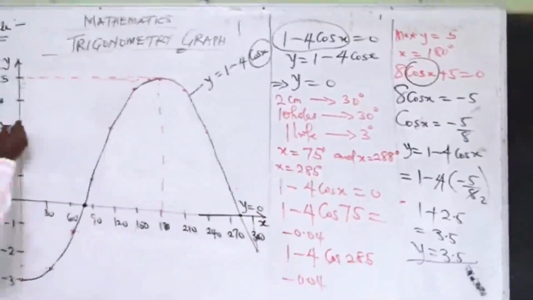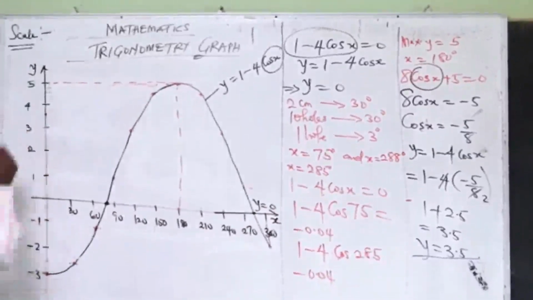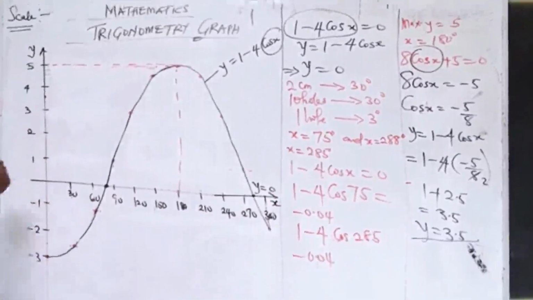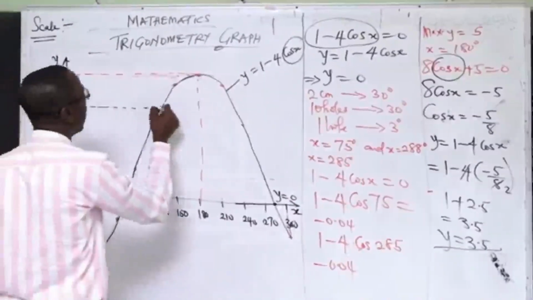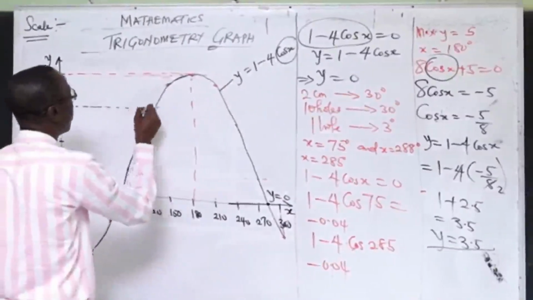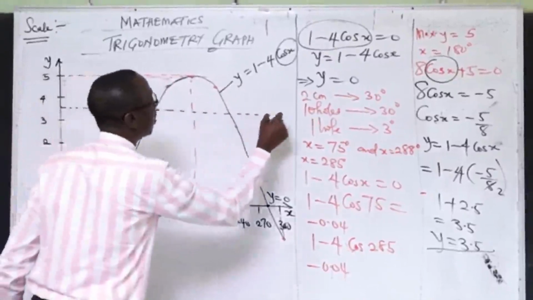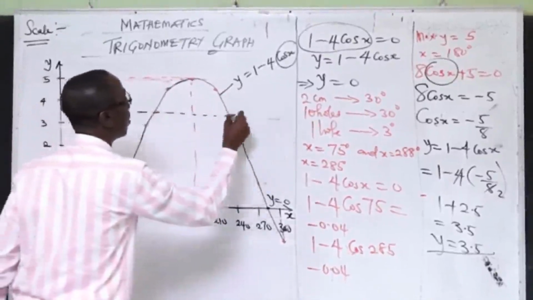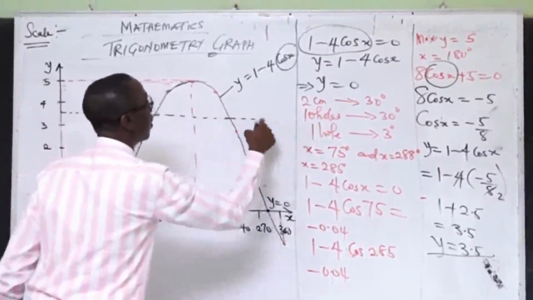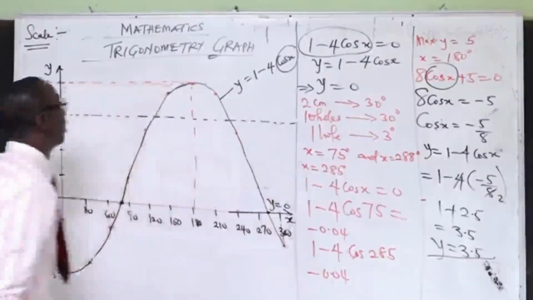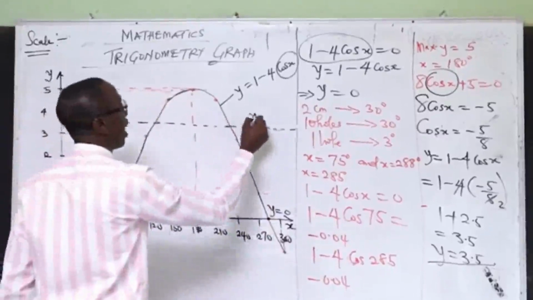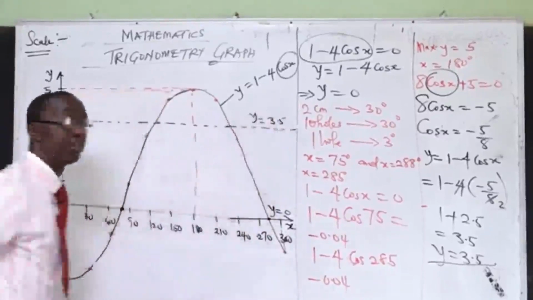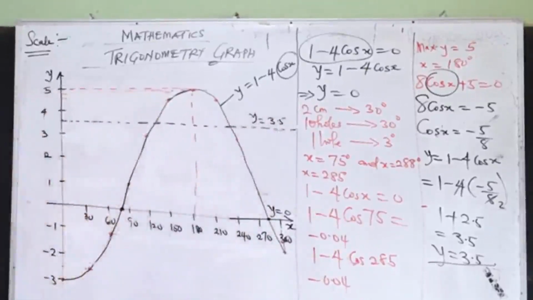Locate 3.5 on the y-axis. Then put your ruler, let there be a straight line that will go through the curve. With that, you write on that straight line, y is equal to 3.5. Let your examiner know that is the equation of that straight line.